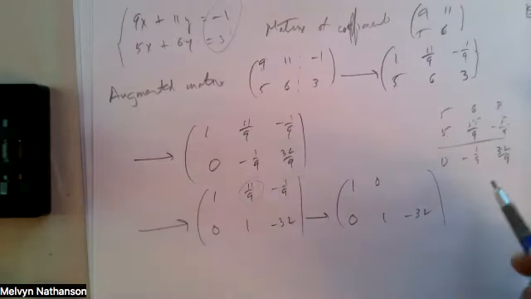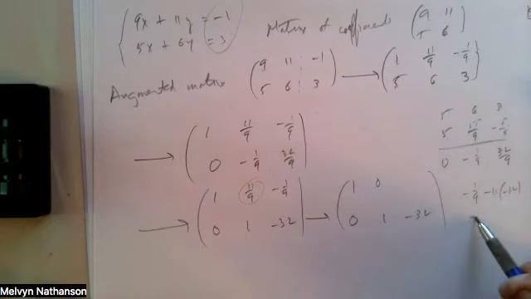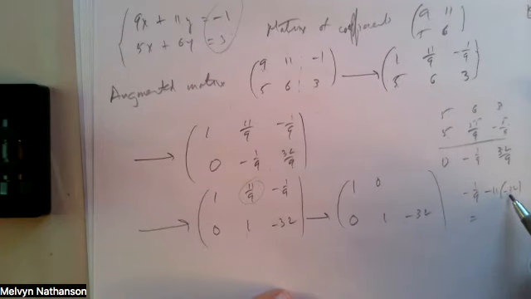And what's the number over here? It's minus a 9th minus 11 times minus 32. So 11 times 32 is 352, minus a 9th. Something doesn't look right to me, but let's see.